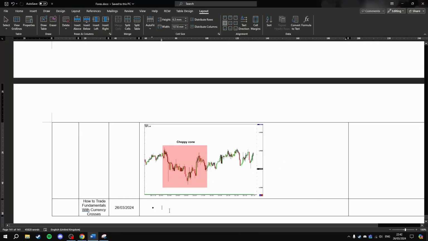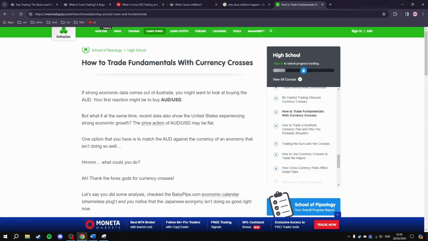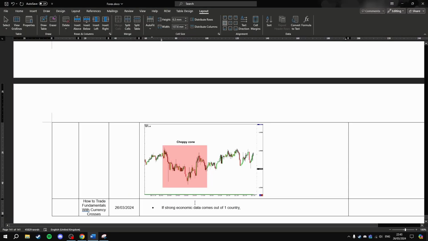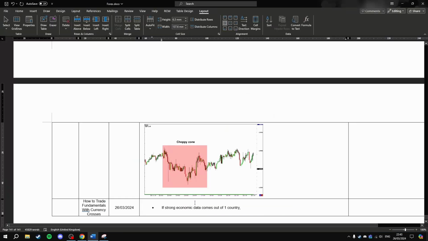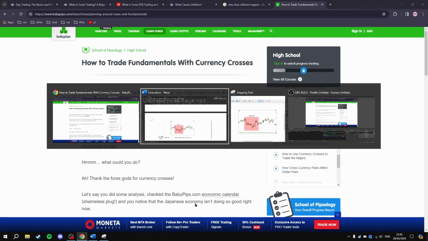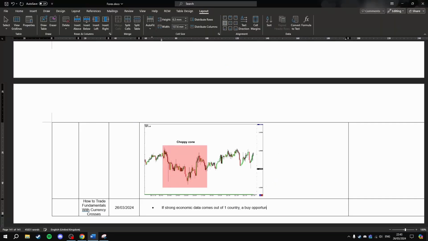So, if strong economic data comes out of one country, a buy opportunity could be present.